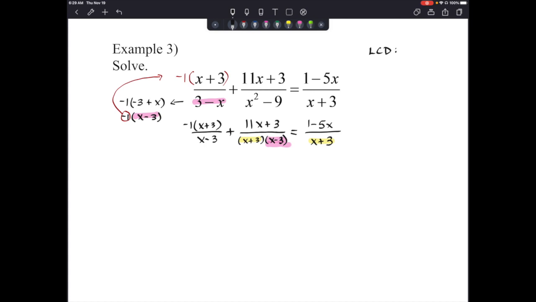So we need to make sure that the number that we're multiplying each side by has a factor of x plus 3 and a factor of x minus 3, because they each have at least one of those. So let's multiply everything times our x plus 3 times the quantity of x minus 3.